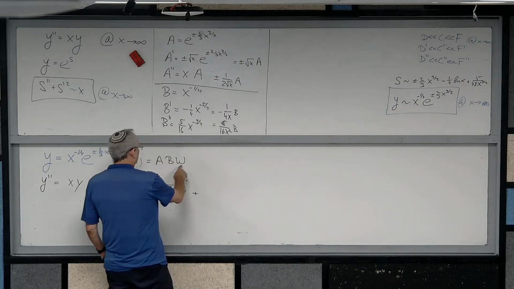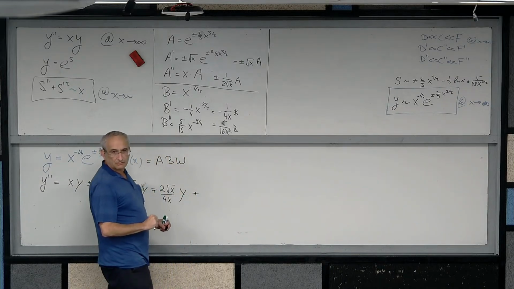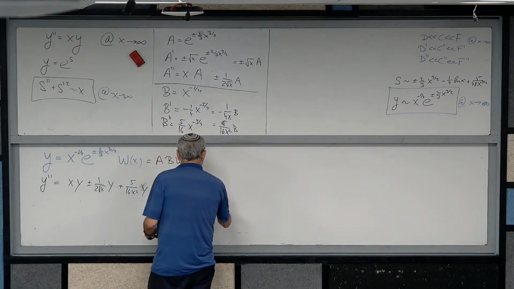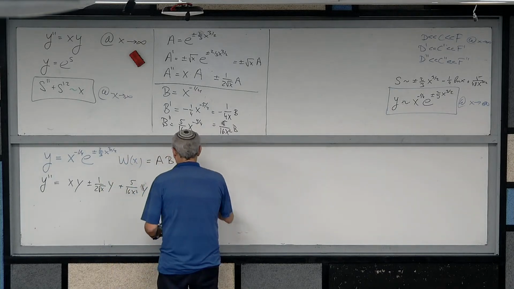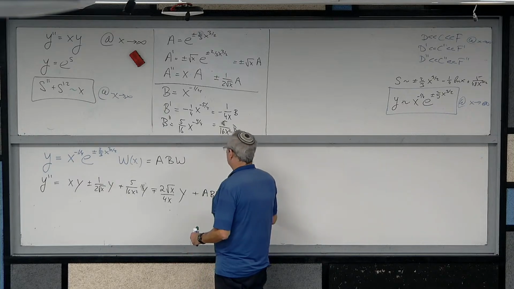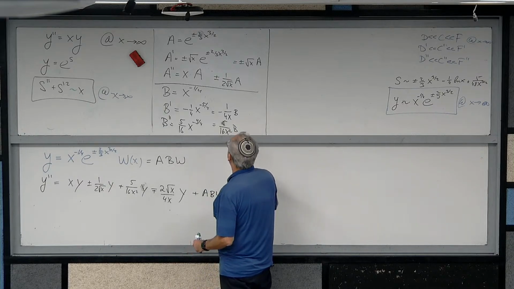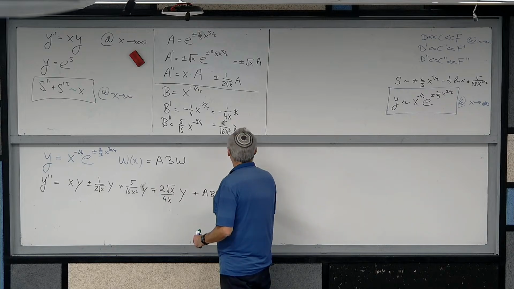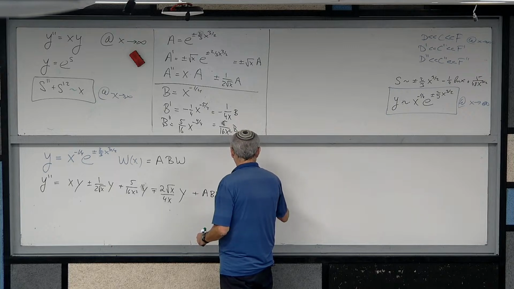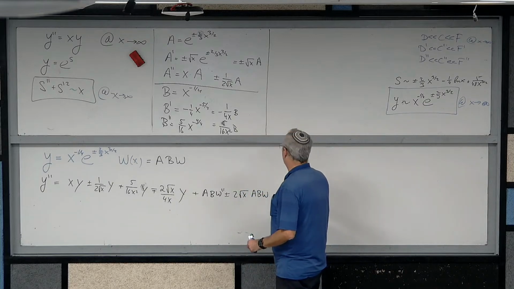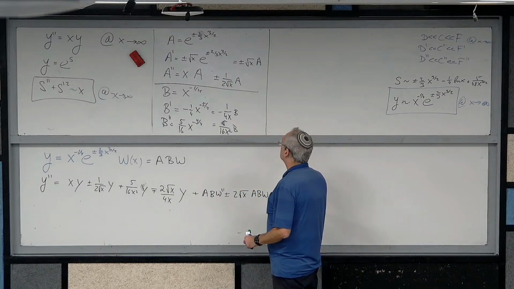Now we have to take the terms that include derivatives of w. So we have A, B, w double prime, plus A, 2A prime, w prime. So it's plus minus 2 square root of x A, B, w prime, plus 2B prime, w prime, which is minus 2B prime.